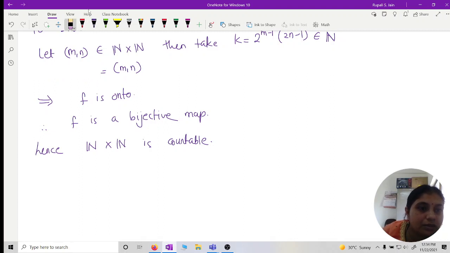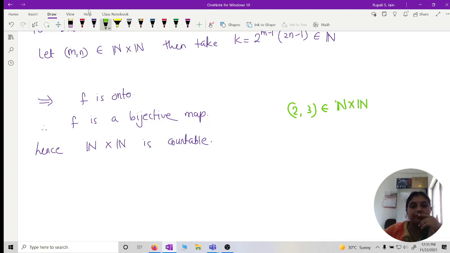Can I write it like that? Okay. Whichever element you take from N cross N, suppose you take 2, 3 belongs to N cross N. Which natural number can you give? k will be 2 raised to 2 minus 1, and 2 into 3 minus 1, so what is this? 2 times 6 minus 1, that is 5, so that will be 10.